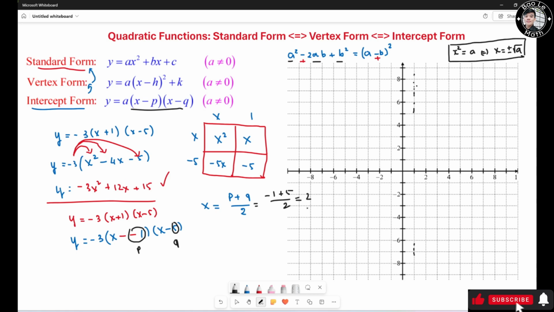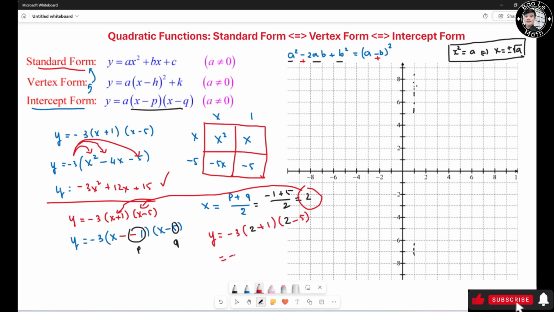The axis of symmetry is actually the s value of the vertex, right? So in order to find the y value, I substitute s equals 2 back into the equation over here to solve for y. So y equals negative 3 times 2 plus 1 times 2 minus 5, right?